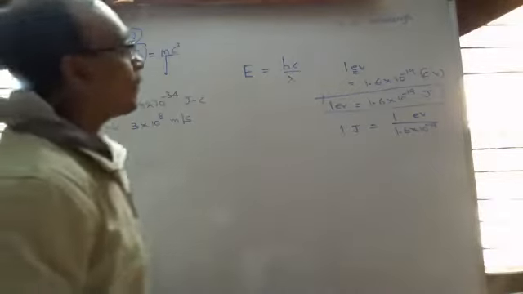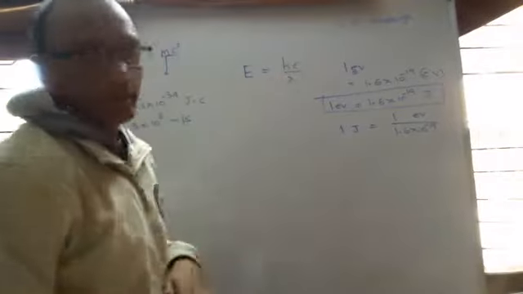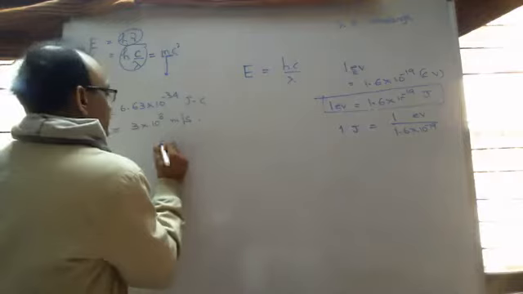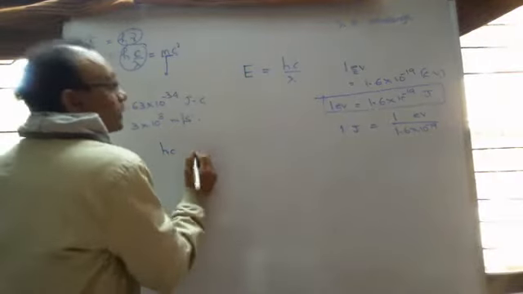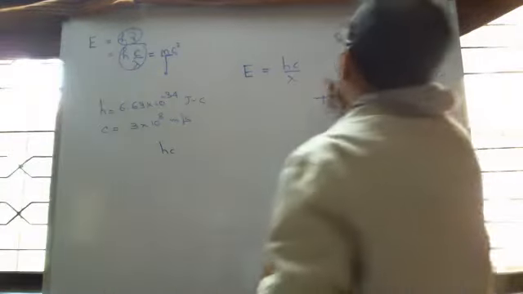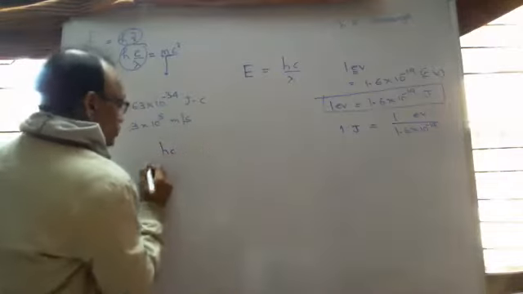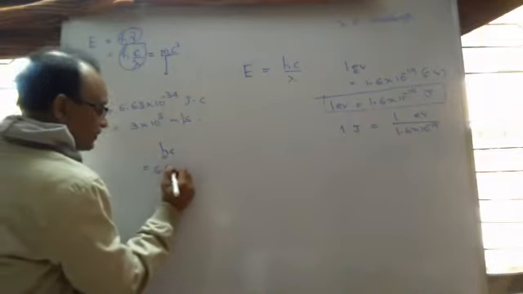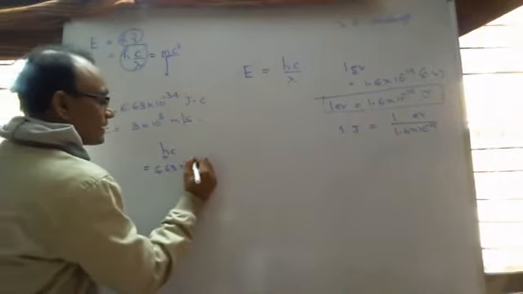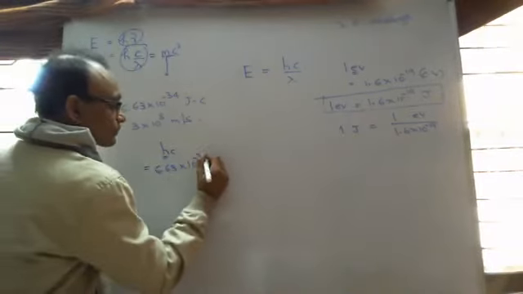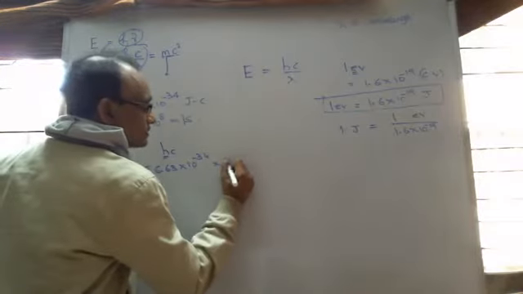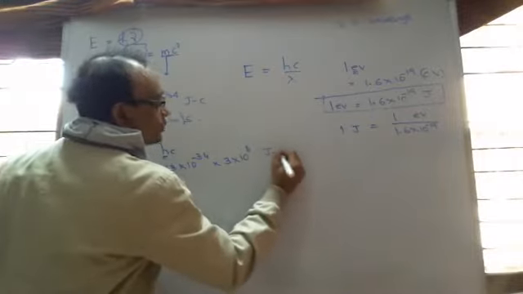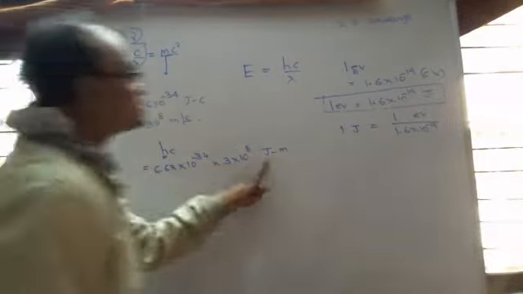So, realize h into c is clearly h, which is 6.63 into 10 to the power minus 34, c is like 3 into 10 to the power 8. This is like these many joule meters.